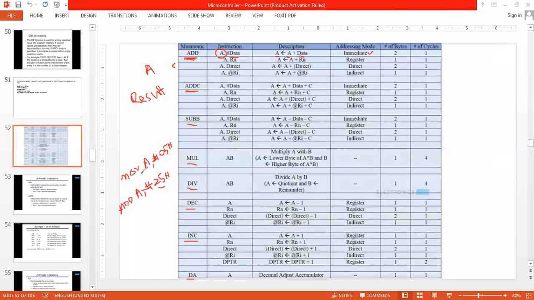So first I will execute this data transfer instruction, MOV A, #05h. Then I will write ADD A, #25h. Now, what is the result that is going to be stored in the A register after this ADD instruction?